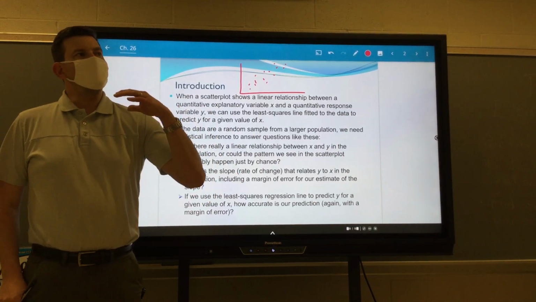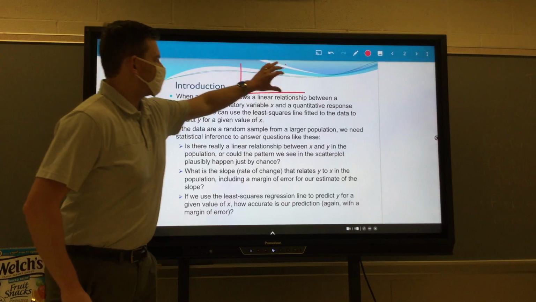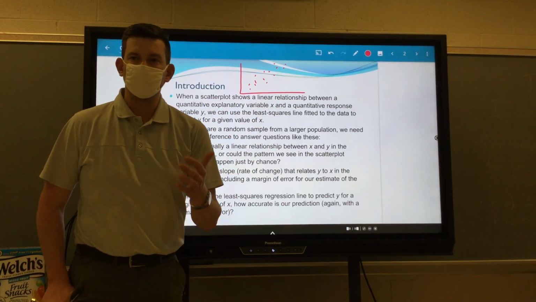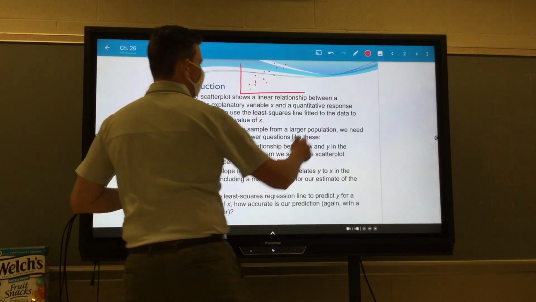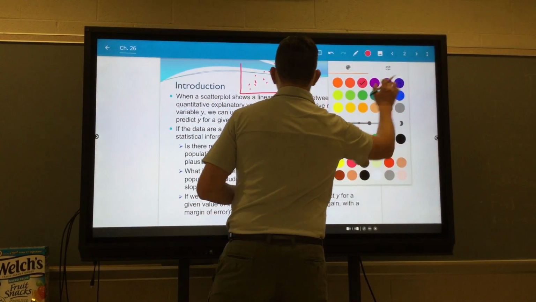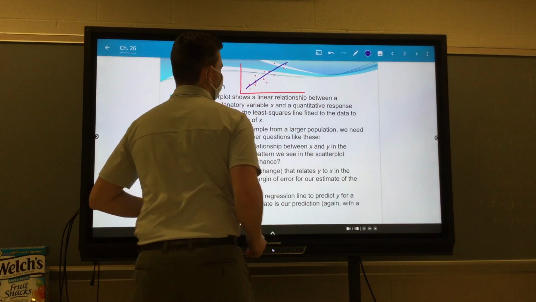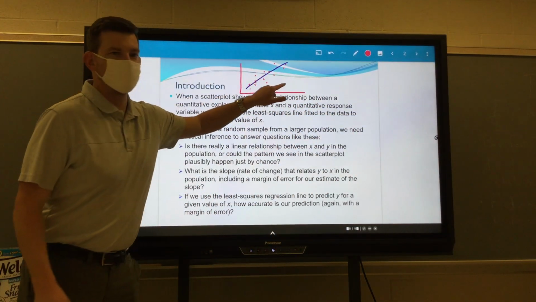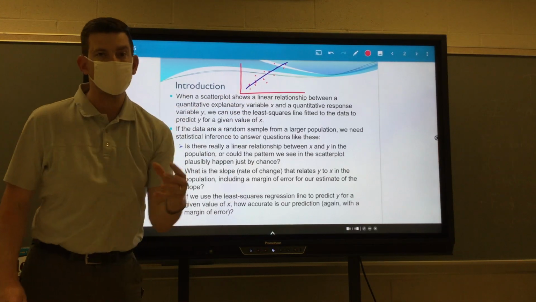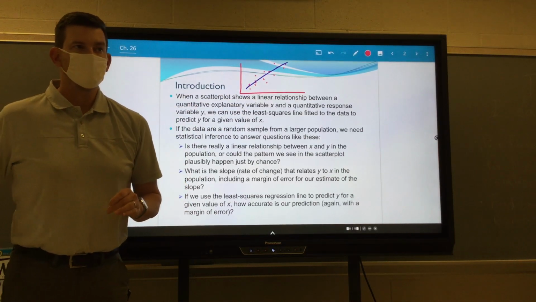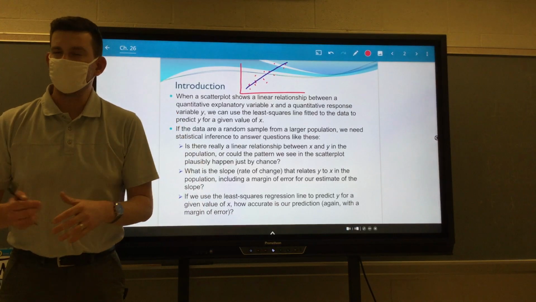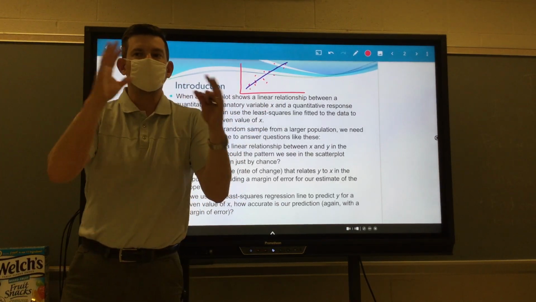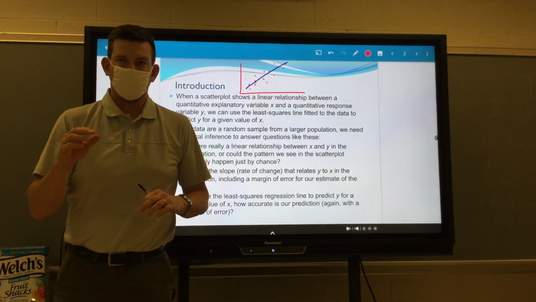We are interpreting the data that we have on this scatter plot as our sample. So we know that if we have a line of best fit for our data set, that this line of best fit is for the data that we have in front of us. But if that data is from a sample, then the implication is that there is a larger population of data out there.